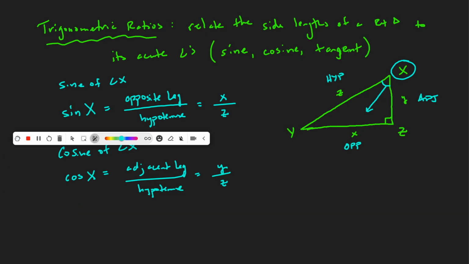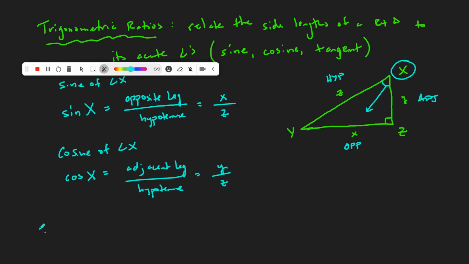And then last, you have this thing called tangent. The tangent of angle x. And again, we use lowercase letters t, a, n. So tangent of capital X equals, and tangent is defined as the opposite leg over the adjacent leg.